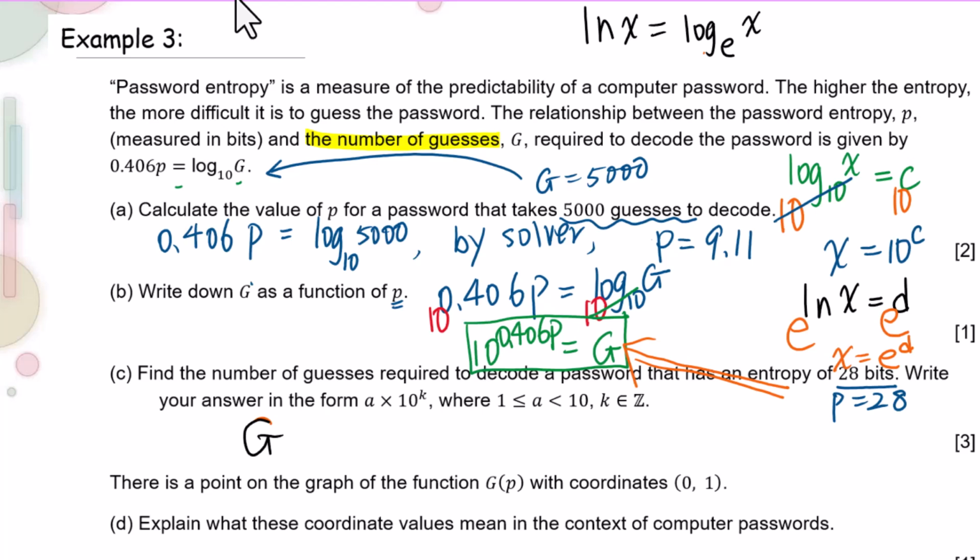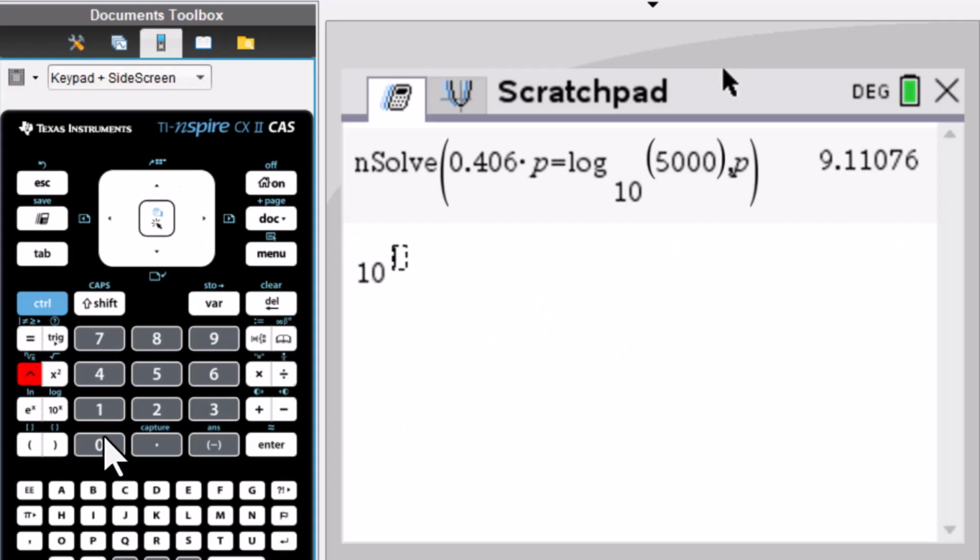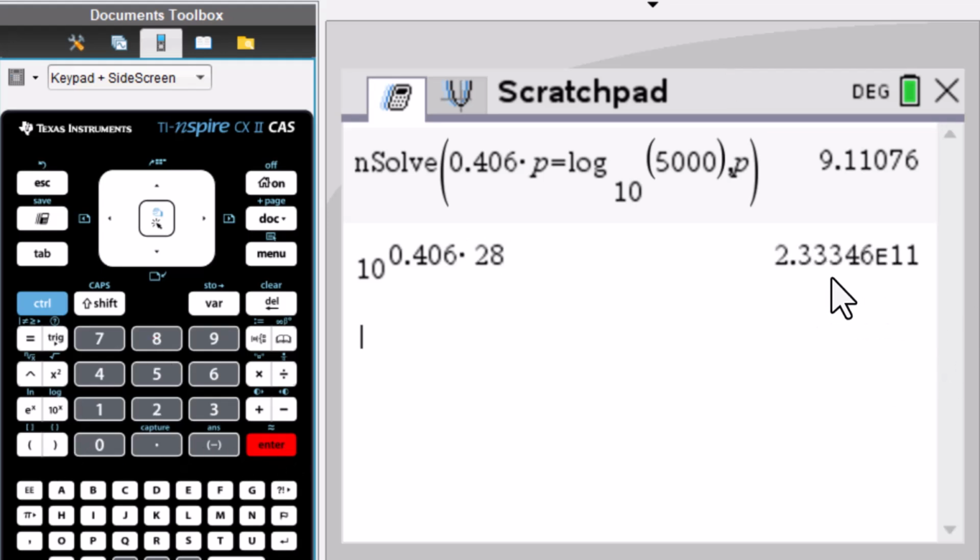So we got G equals 10 to the 0.406 times 28th power equals 10 to the 0.406 times 28. Enter. 2.33 times 10 to the 11th power.